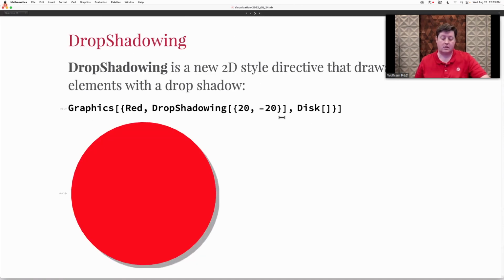And so the last thing I want to look at briefly is drop shadowing, which was a new 2D style directive that was added in 13.1, which draws a primitive with a drop shadow underneath it.